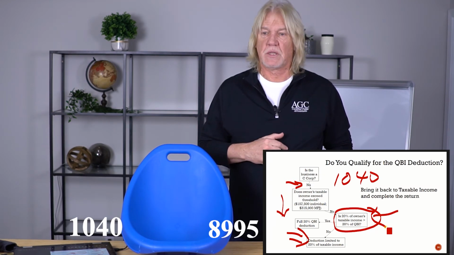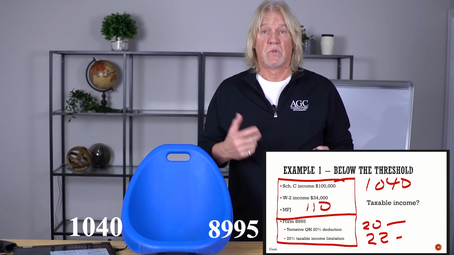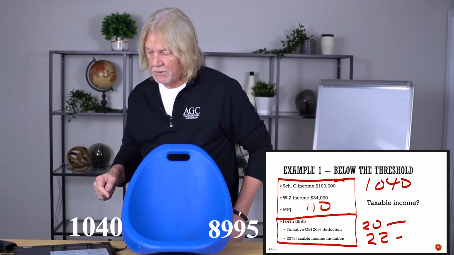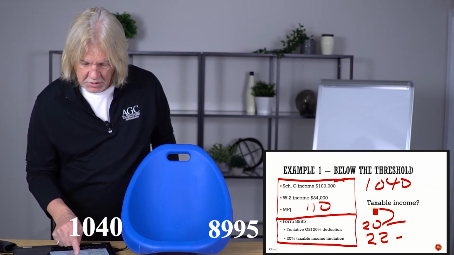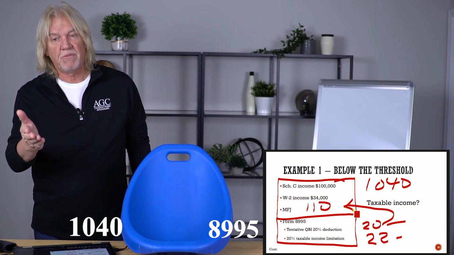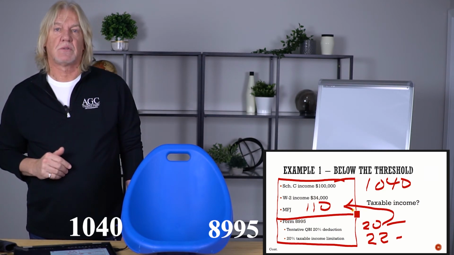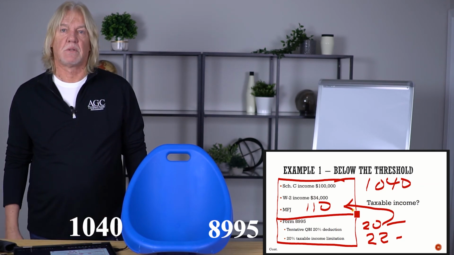We're limited to 20%. So which is less? The 20% of QBI. So we come over on this side of the chair, take this 20,000, and take it back up to the 1040. We take 20 off, and now we have $90,000. Now we're ready to go on and complete the rest of our return.